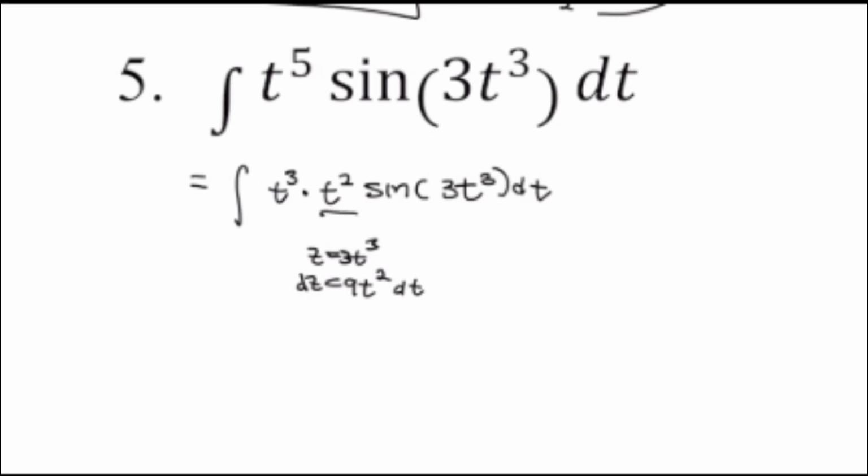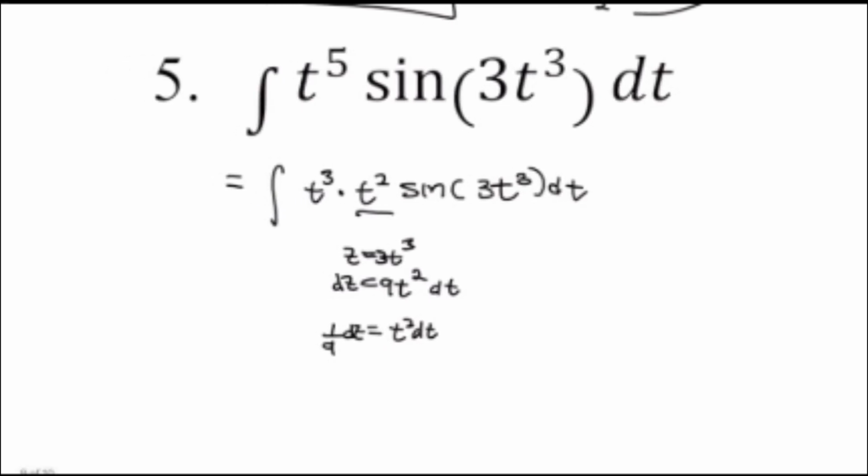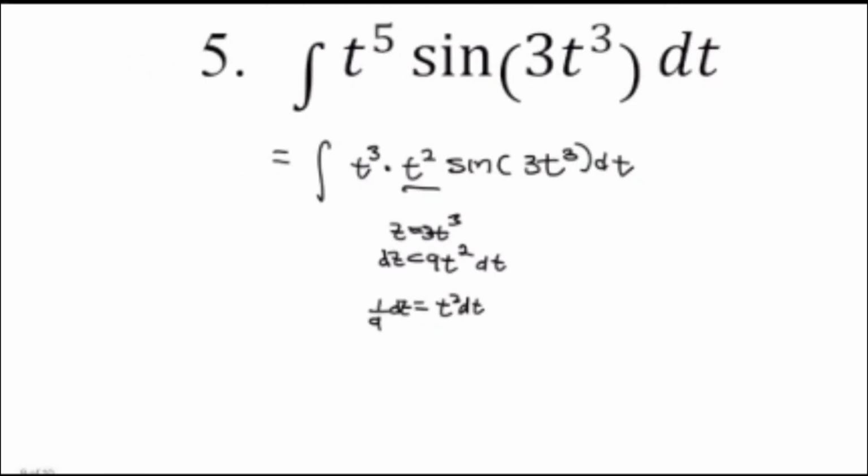So we see a similarity here. To leave t squared dt, we're going to divide each side by 9, which means 1/9 dz equals t squared dt. And then we're going to plug this back in, so instead of these two, we're going to use these two.